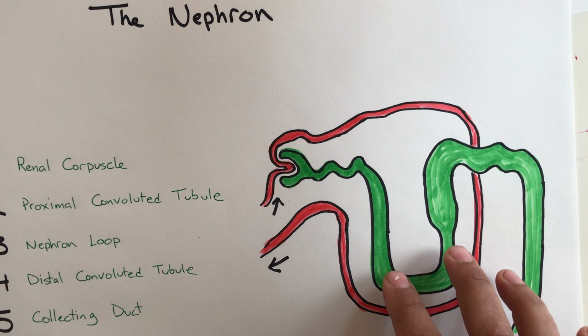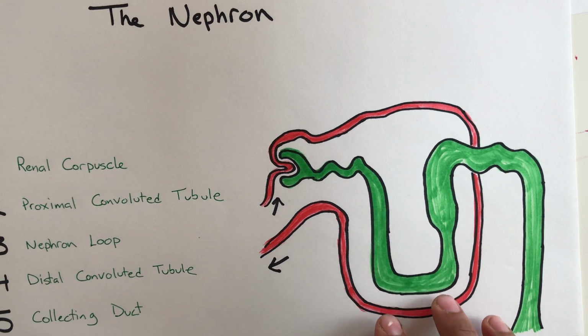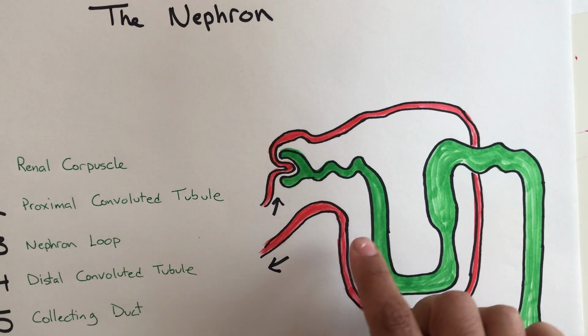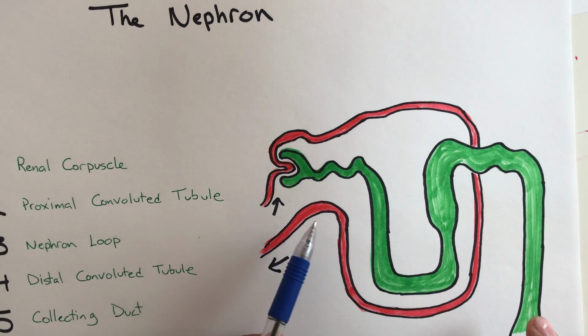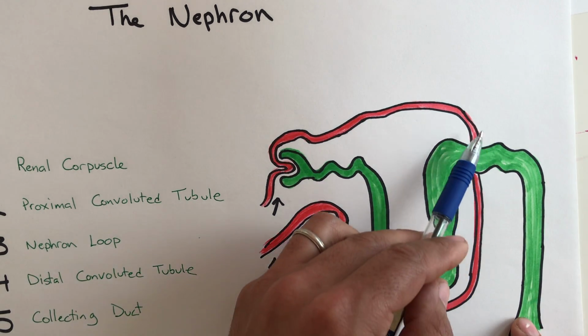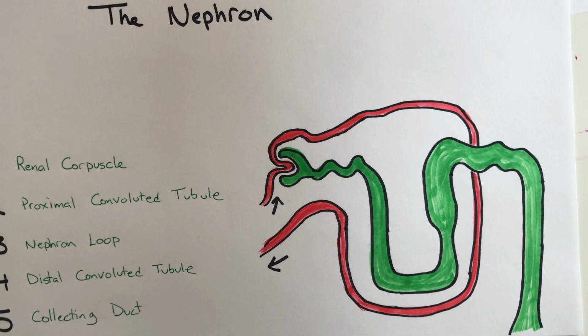This is what allows nutrients to go back and forth, inside, outside, to make sure that the blood has the perfect concentration of all the different factors inside of the blood.